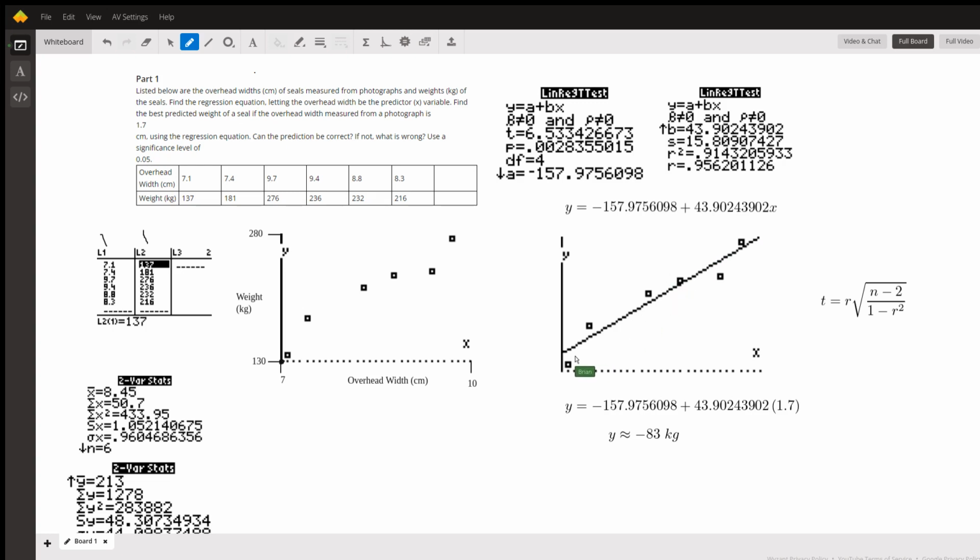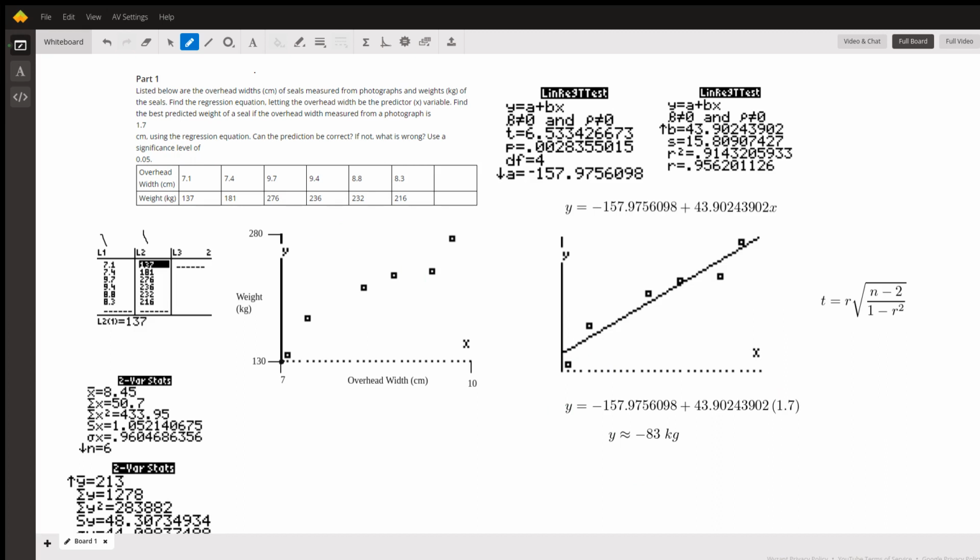And if you look here, I just graphed the line of best fit. I plugged that into the calculator, and it looks like it pretty much gets as close to all the data points as possible. However, when we plug in an overhead width of 1.7 centimeters, we get a weight of negative 83 kilograms. And that doesn't quite make sense.